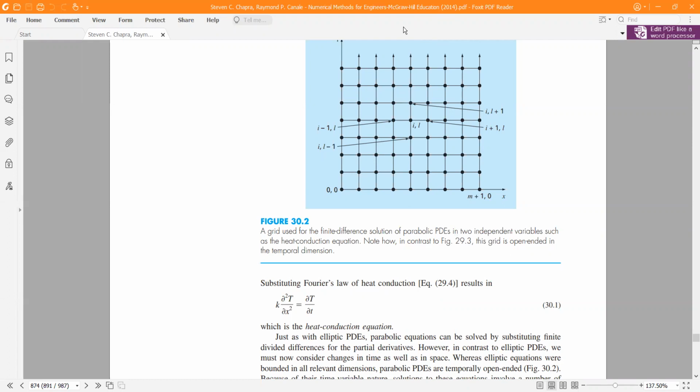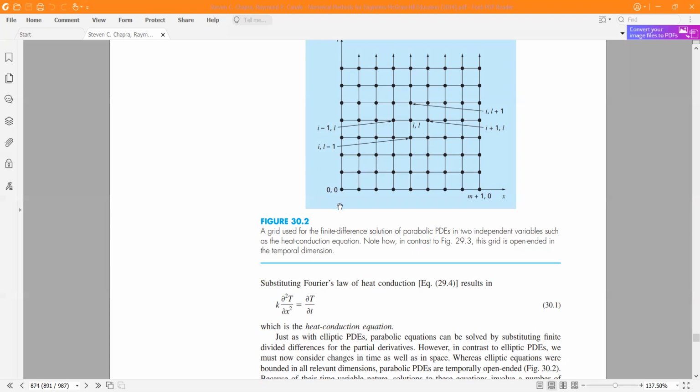Actually, when we are discretizing our space, this is visible, but discretization of your time is not actually visible. It becomes an imaginary grid.